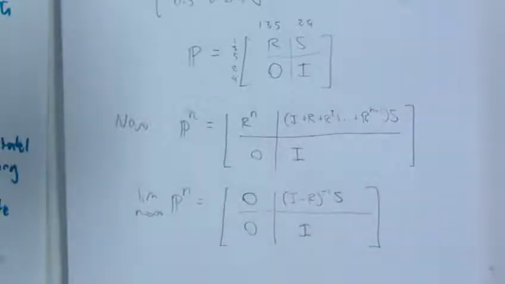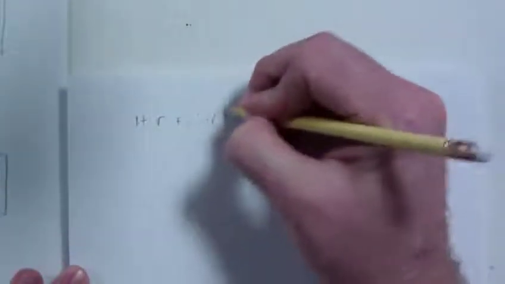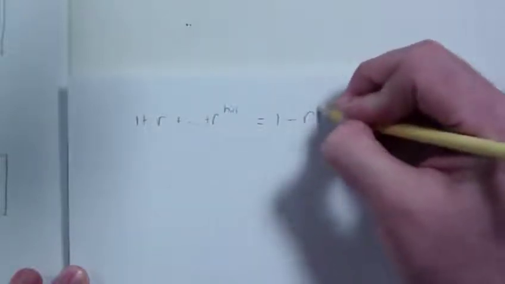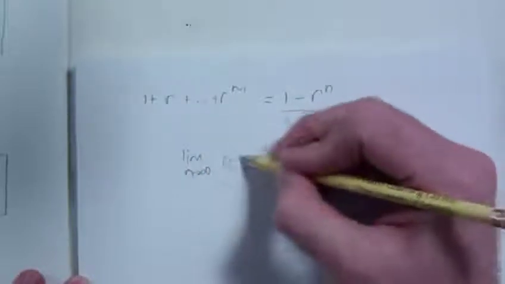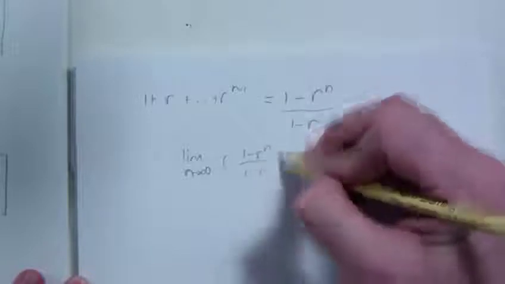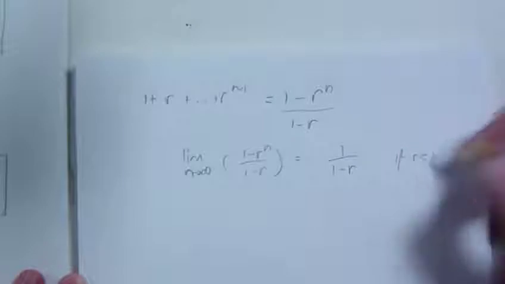We'll get that. So the number theory sort of thing that goes with that is that 1 plus R up to R to the n minus 1 is equal to 1 minus R to the n over 1 minus R. And the limit as n goes to infinity of that, if R is less than 1, will be 1 over 1 minus R. And if they're matrices, well, it also works, basically.